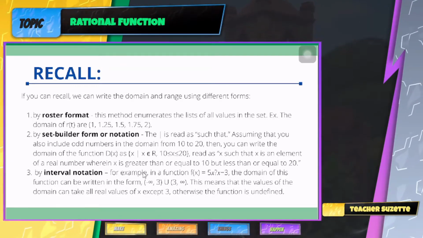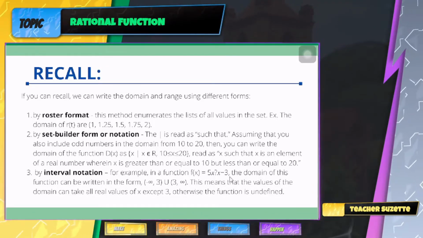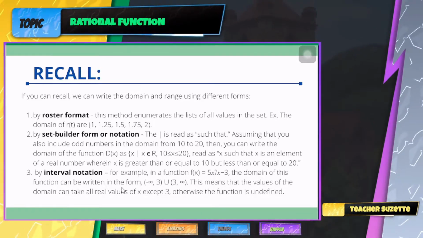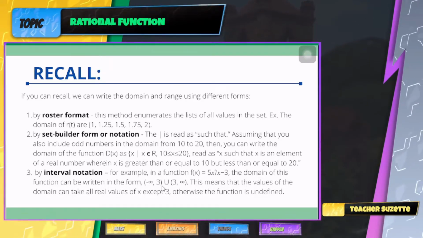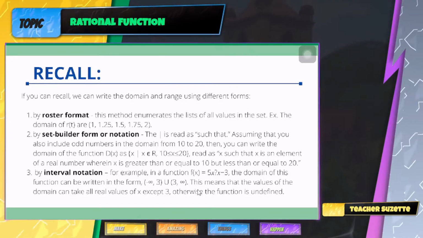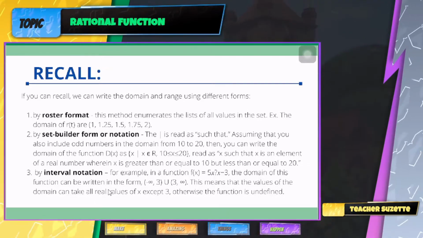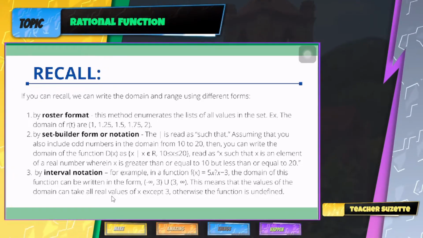In interval notation, if you have a function f of x equal to something over x minus 3, you can conclude that the domain is negative infinity, comma 3, union 3, comma positive infinity. Interval notation comes from the concept of intervals on the number line.